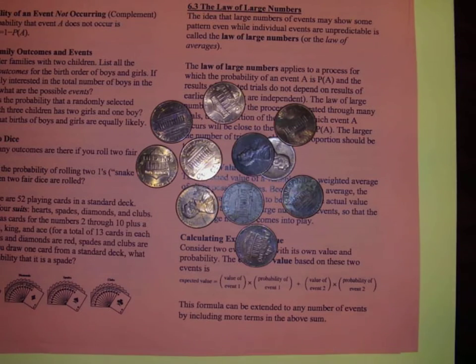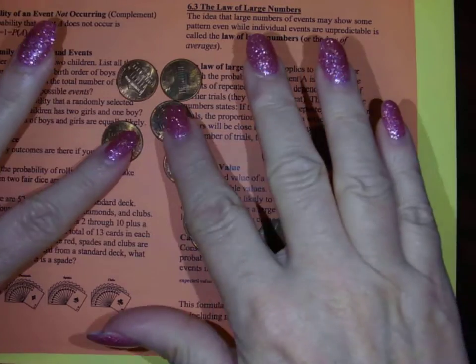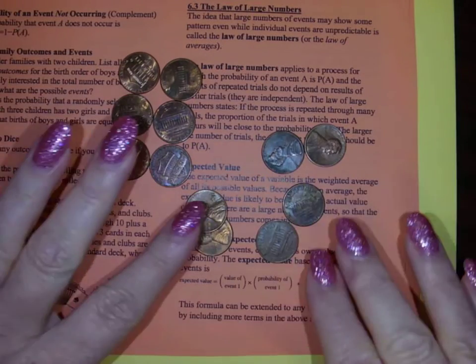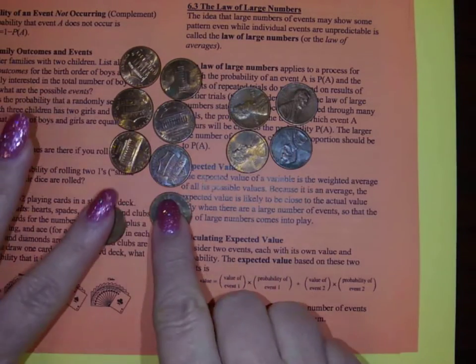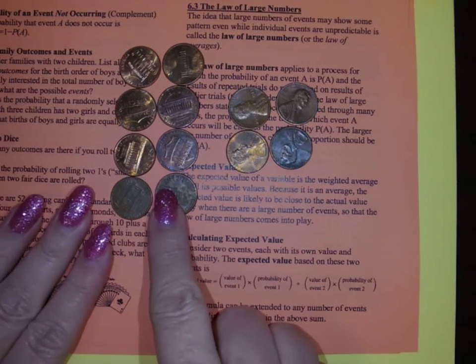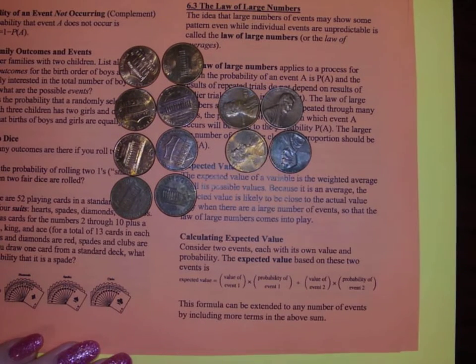Lots of tails. I usually don't get this many tails. All right. So in this case, I don't even know how many we flipped. We've got 2, 4, 6, 8. All right. So here we've got 8 tails, and we've gotten 4 heads.